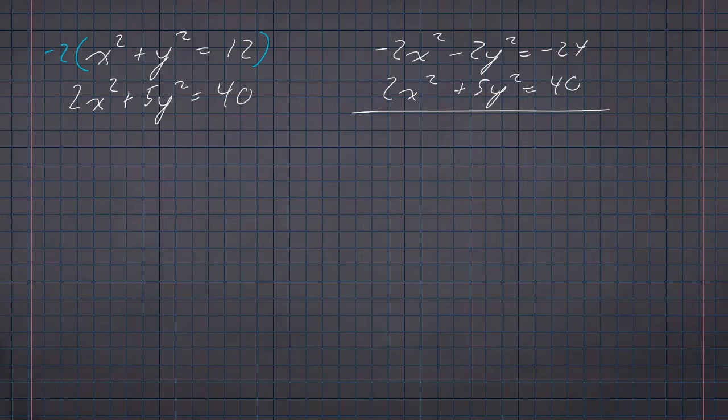The minus 2x squared and plus 2x squared cancel each other out. Minus 2y squared plus 5y squared is 3y squared. And 40 minus 24 is 16.